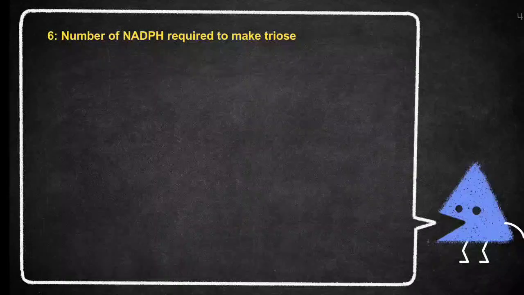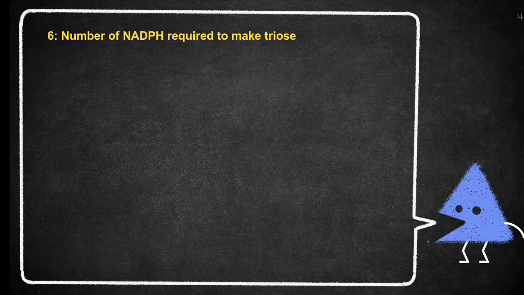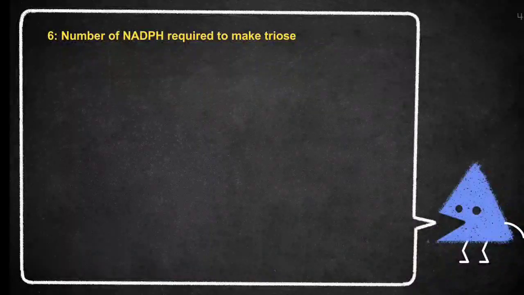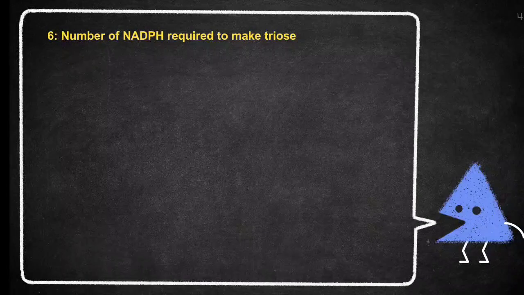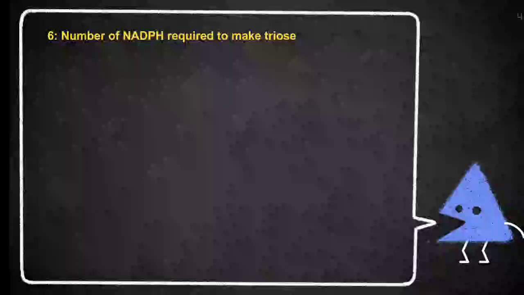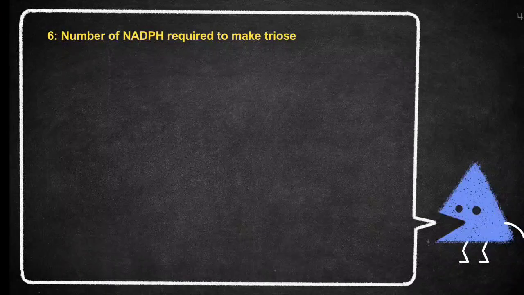Now the next question over here is related to the NADPH. Now, the number of NADPH required to make triose. We saw in the last slide that 6 NADPH were required for the 3 carbon triose. Okay, and we also saw that the ratio of carbon to NADPH was 1:2. So if there is 1 carbon dioxide, then NADPH will be double. Okay, so if there are 2 carbon dioxide, then NADPH will be 4.